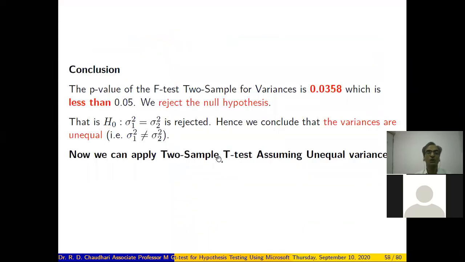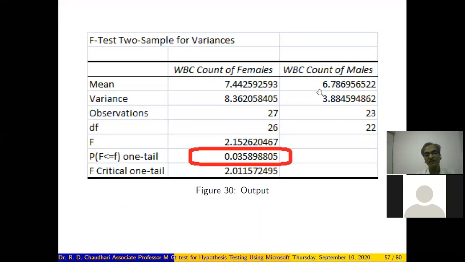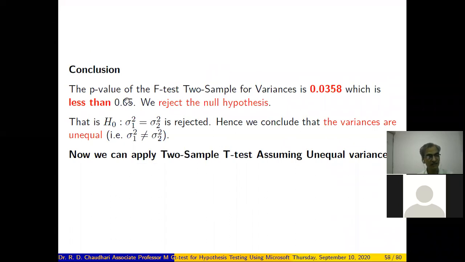So here the p value of the F test, two sample for variances, is 0.0358, which is less than 5%, that is the 0.05 level of significance. So we reject the null hypothesis at 5% level of significance.